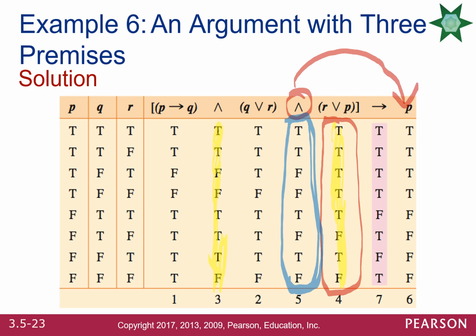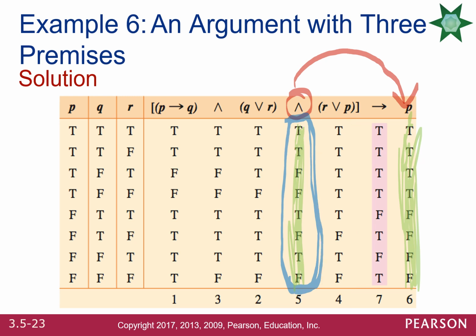So I'm going to erase this, and just indicate over here we are looking at this and this. Let's erase this to avoid confusion. All right, so let's start here. True, true gives us a true. True, true again gives us a true.